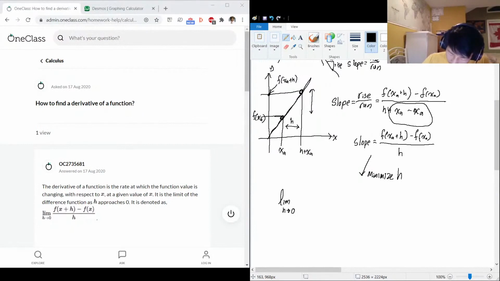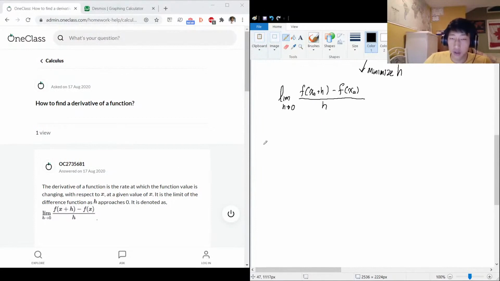So we have f of x of a plus h minus f of x of a, all over h, as h approaches 0. This is the definition of a derivative, and that's where it comes from. We're trying to find the slope, we know our slope equation, and to be as accurate as possible, we want h to be closer to 0.